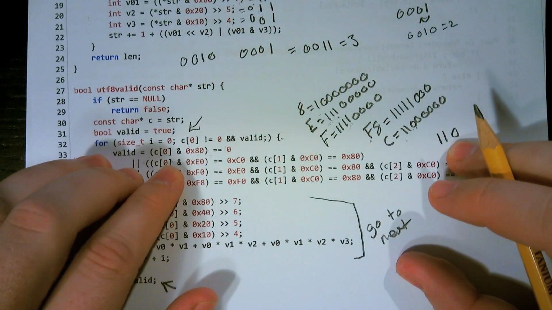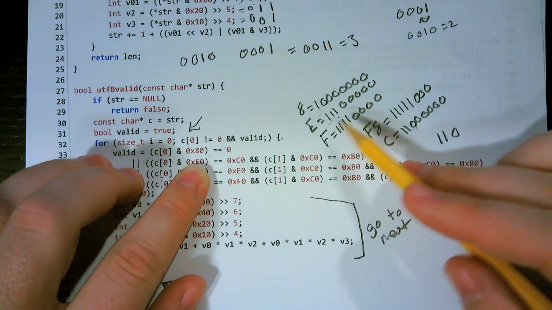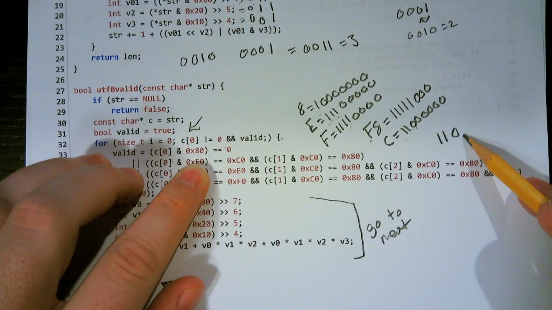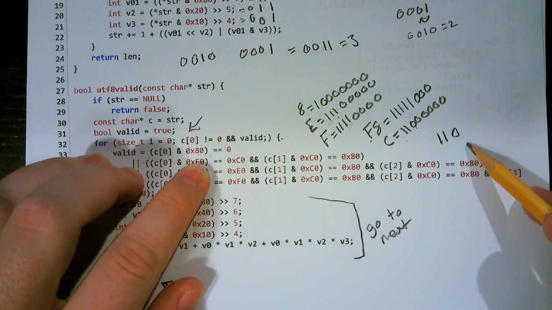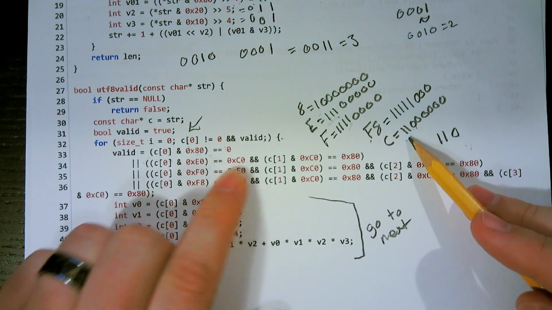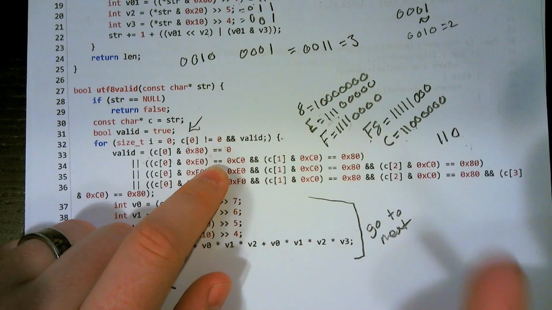If we mask our character against E, which is 111, we should get 1 and 1, and the last bit is going to be 0. So our output should be 110, which is C. So if those are equivalent, then we know we are indeed a 2-byte character.